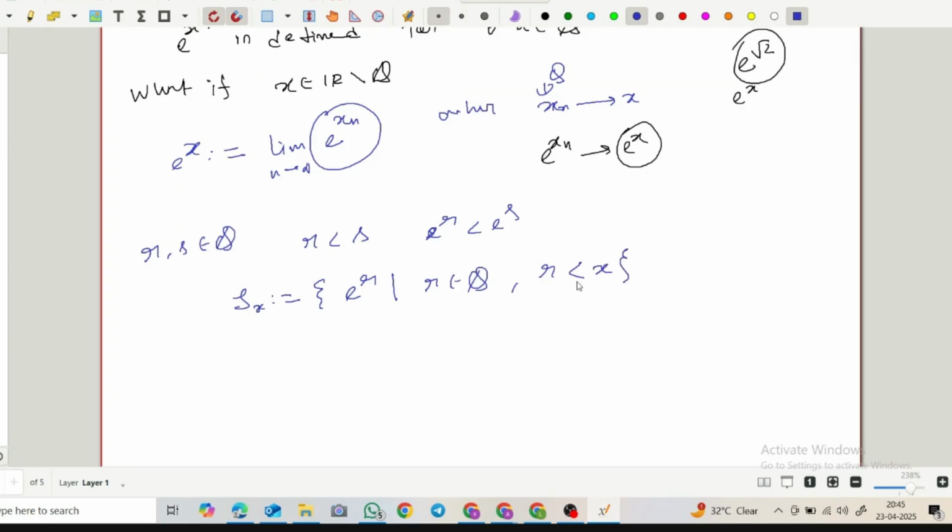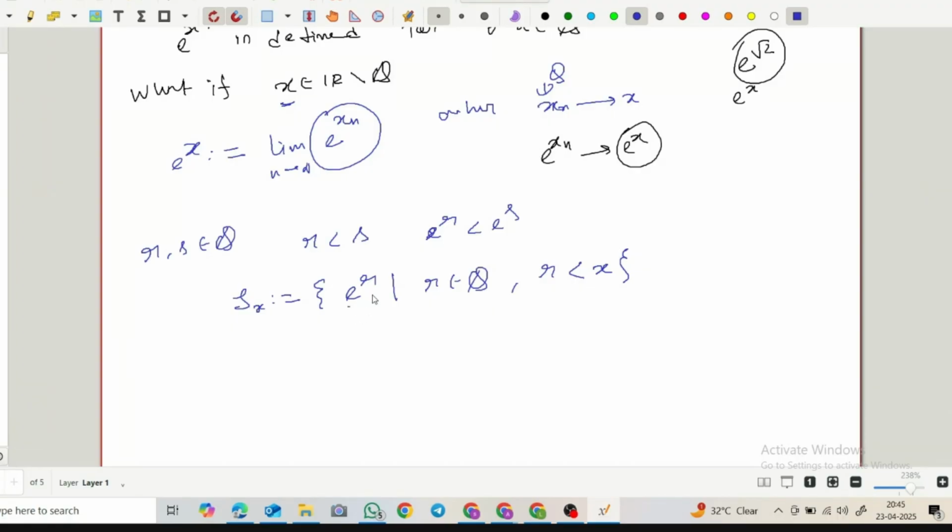You understand the set? We have taken all the rationals which are less than this irrational number x, and we have computed e to the power r, and collected this set.